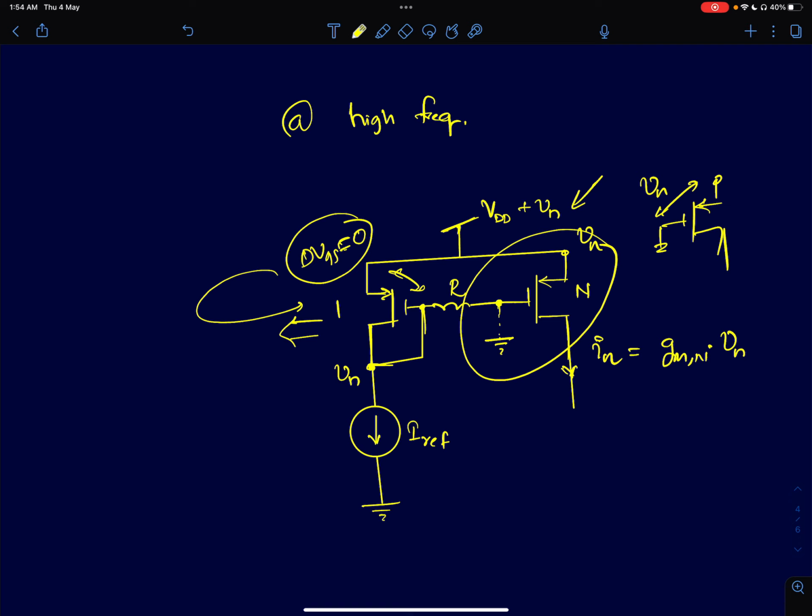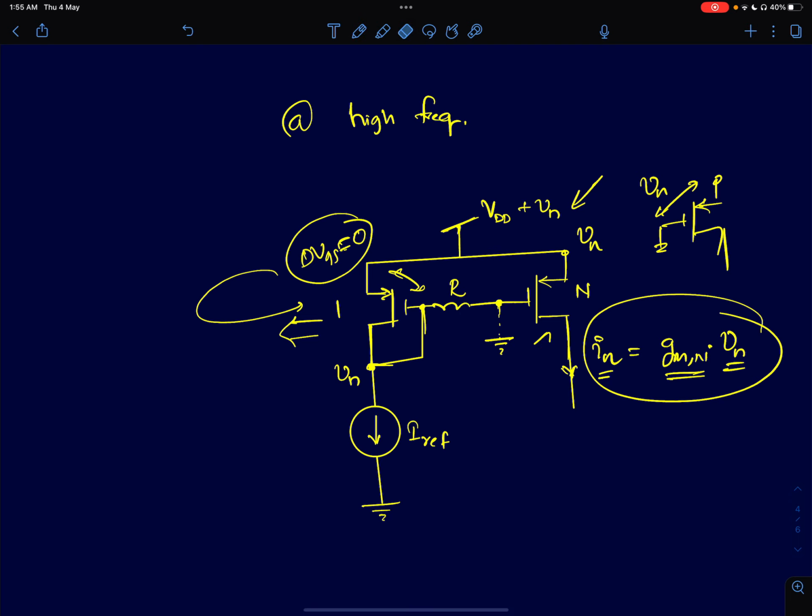Therefore, the noise current here is going to be Gmn times Vn. And Gmn is very large because this device is carrying a lot of current. The W/L ratio is much higher. So you will directly see the impact of supply in the current that this current mirror is generating.